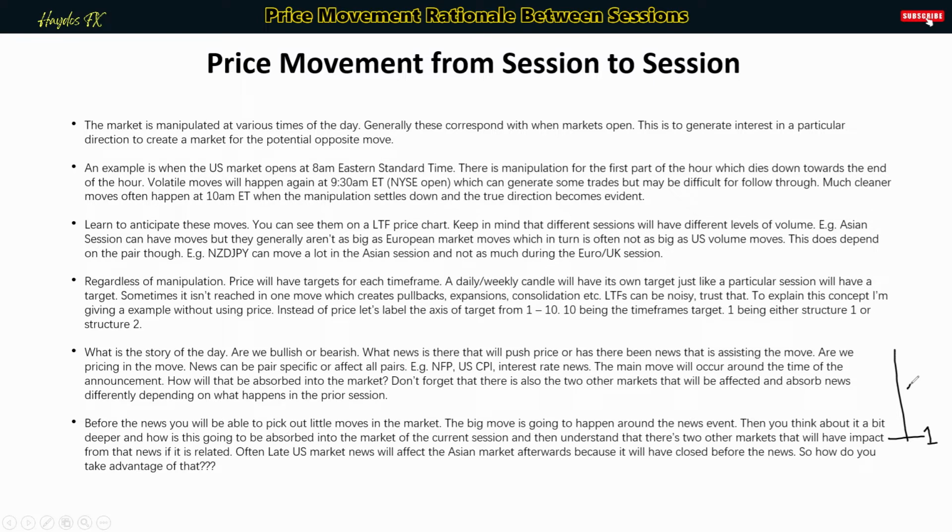And then you've got 1.01, which is 100 pips, 1.02, which is going to be 200 pips. Forget pips. What you're going to do is have a scale of just 1 to 10. And so 1 to 10, with 1 being structure 1 and 10 being structure 2.